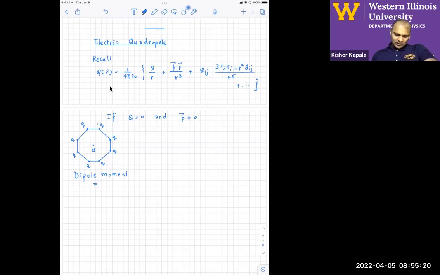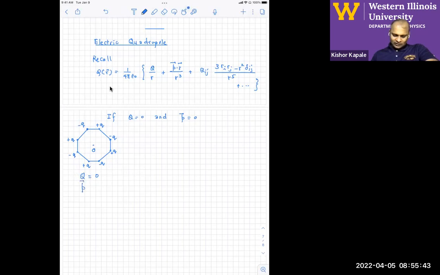So this is positive, that is negative. This is positive, that's negative. This is positive, that's negative. This is positive, that's negative. And now what's the total charge? Q is equal to 0.